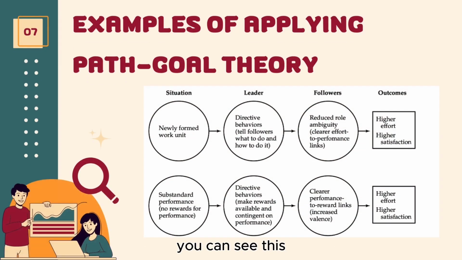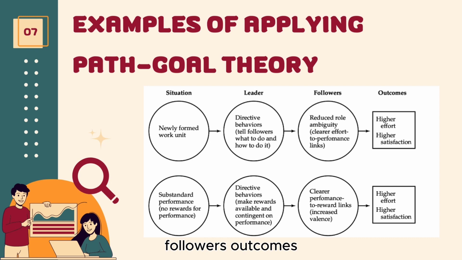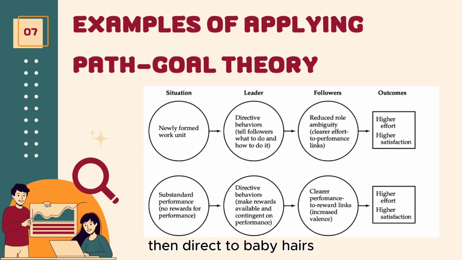You can see some examples of applying path-goal theory: the situation, leader, followers, and outcomes. In the first line, you can see a poorly formatted work situation, then directive behaviors, then reduced role ambiguity, and then higher effort.